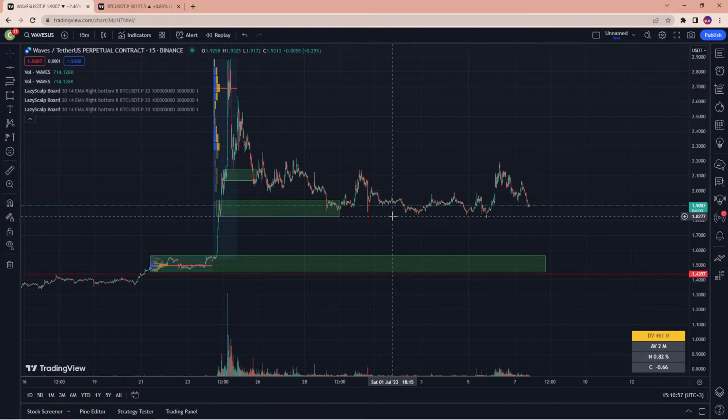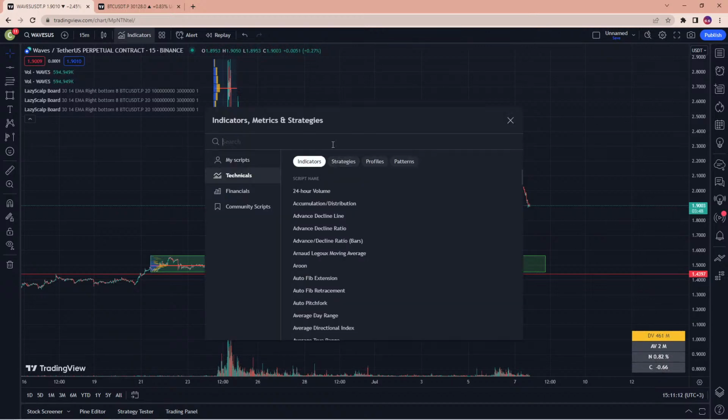And now the last element of today's stream, the Lazy Scalp indicator. Let's find it. It looks like only four parameters here. How to find it? I think you know, but for those who don't know, I will show you.